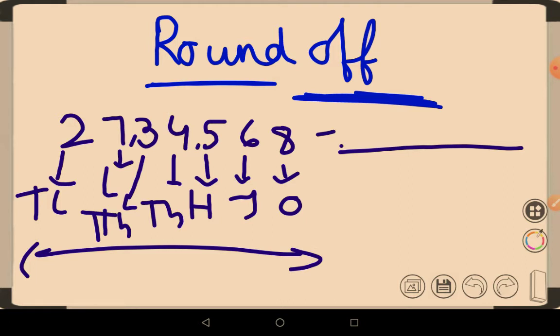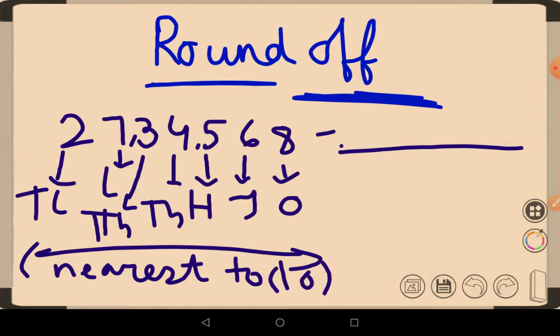Now you see, how shall I round off? A question is asked: round off to the nearest 10, 100, or 1,000.